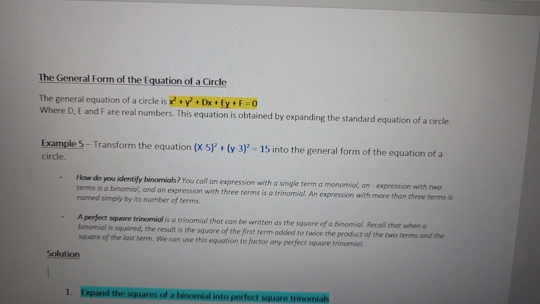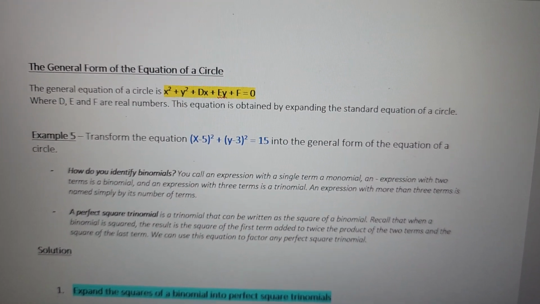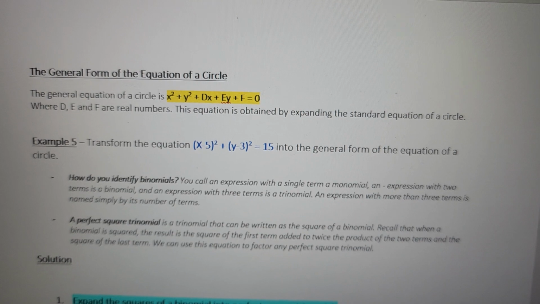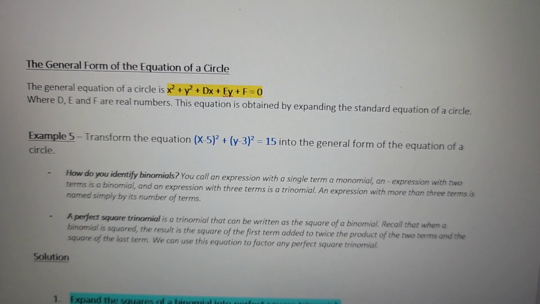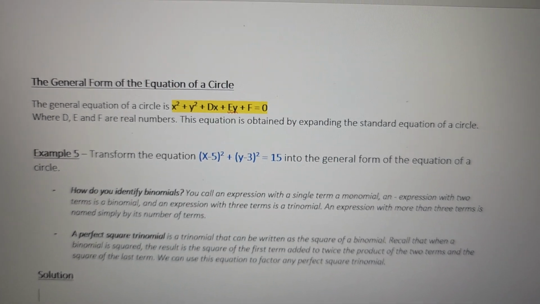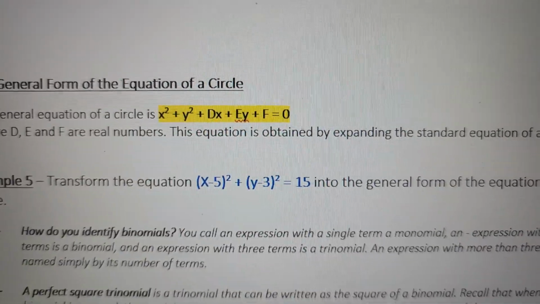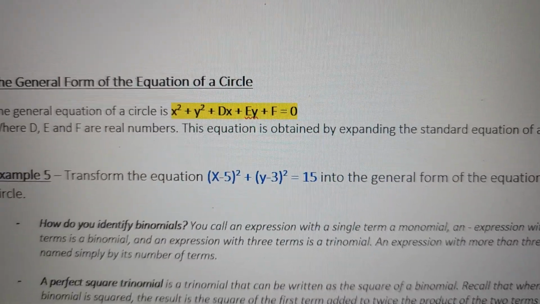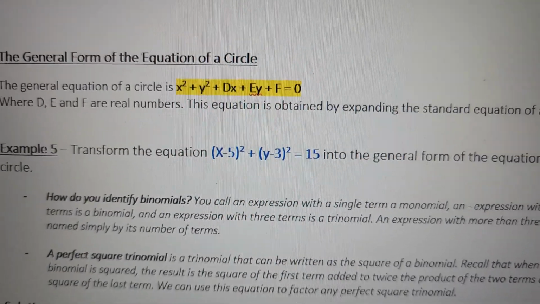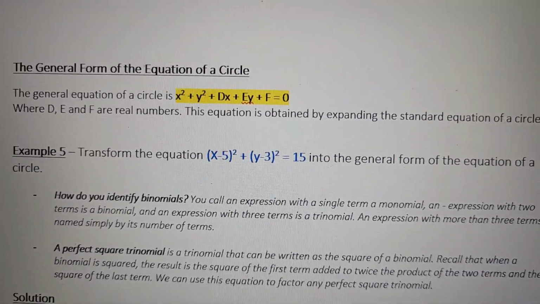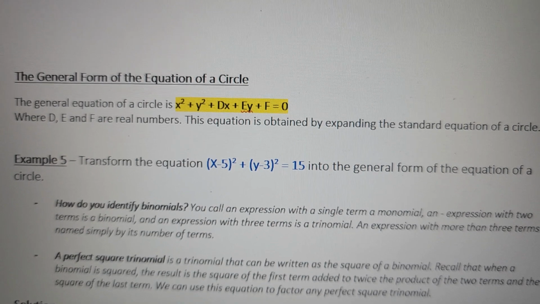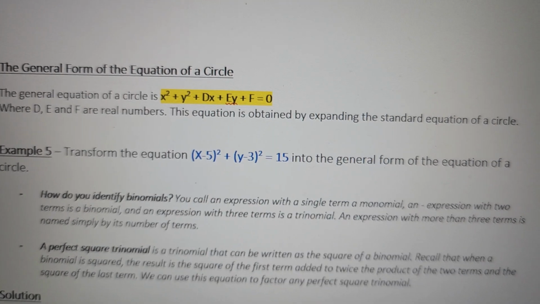Our lesson for today is about the general form of the equation of a circle. The general equation of a circle is x squared plus y squared plus dx plus ey plus f equals 0, where d, e, and f are real numbers.